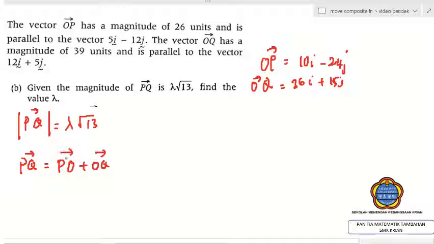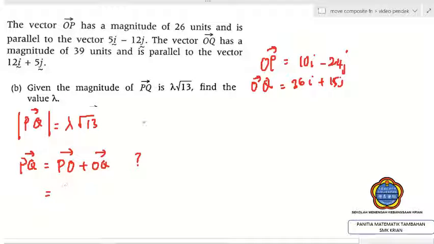Okay, you must know this formula. This one is very important. It will be used in all vector questions. All the solutions to vector questions usually will use this formula, how to get the addition of two vectors equal to PQ. Okay, we start at P, end up at Q, and in the middle will be the same letter, plus inside. So PO plus OQ.